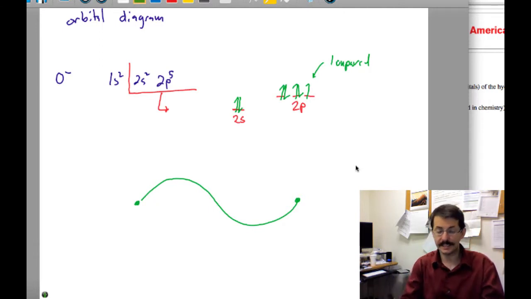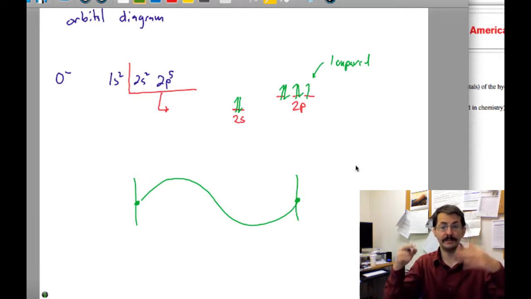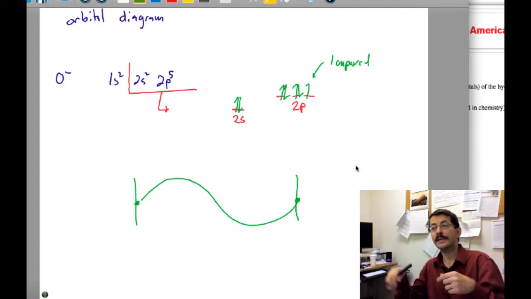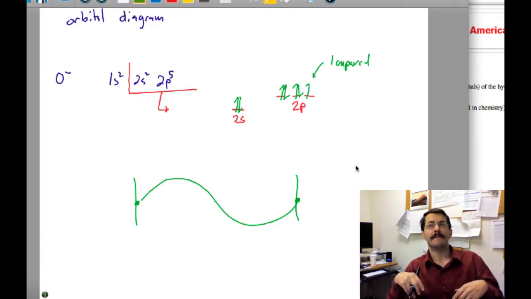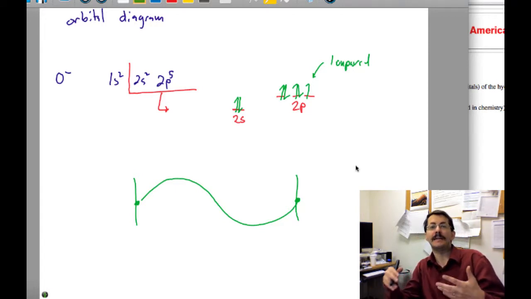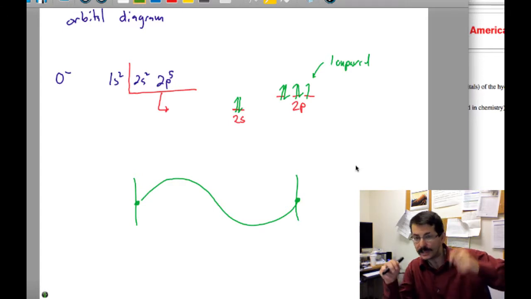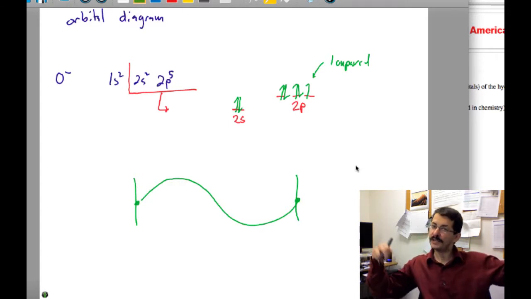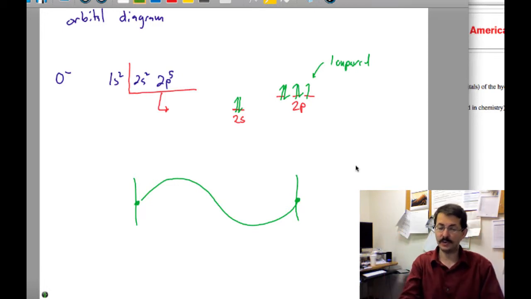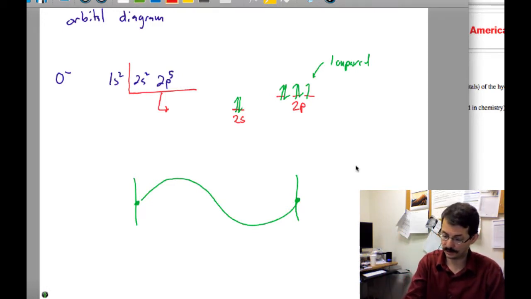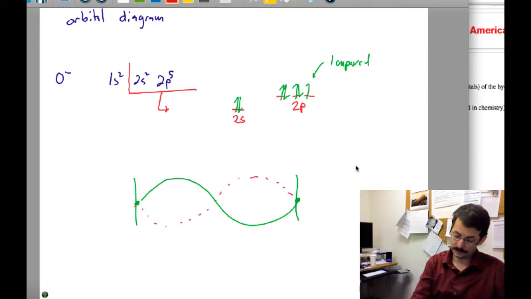Another way of conceptualizing it is this standing wave. If you have a box, with this wave bouncing back and forth, only certain values will give you a stable wave structure. And as we demonstrated in class, as you increase the energy, you get more and more of what we call nodes.